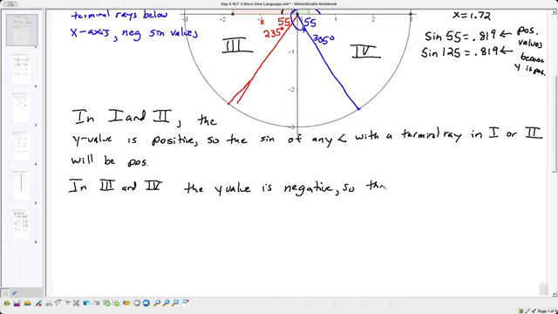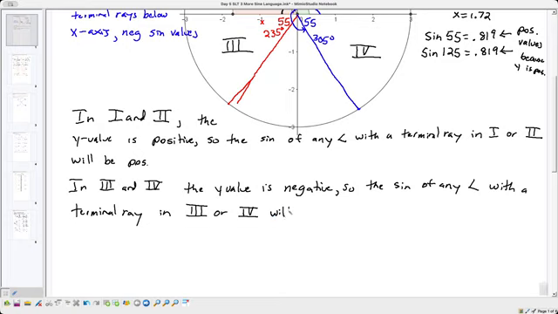So the sine of any angle with a terminal ray in quadrants 3 or 4 will be negative.